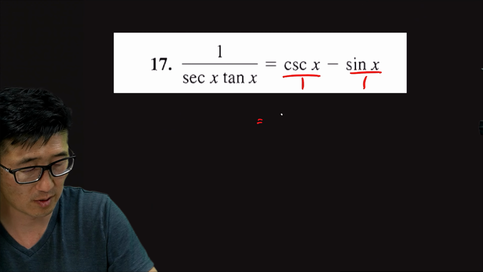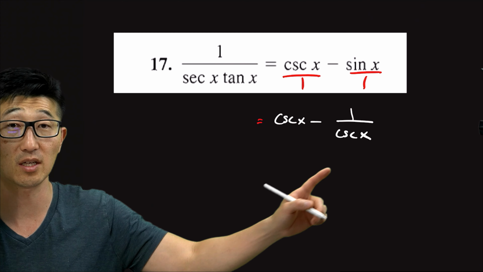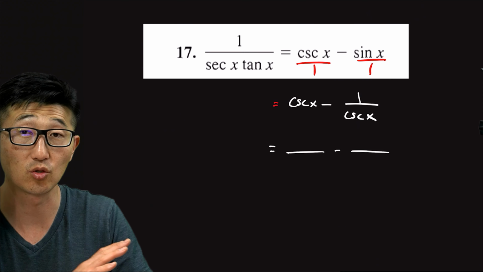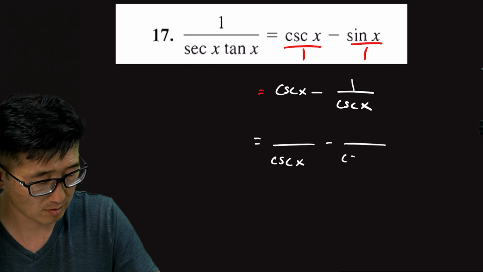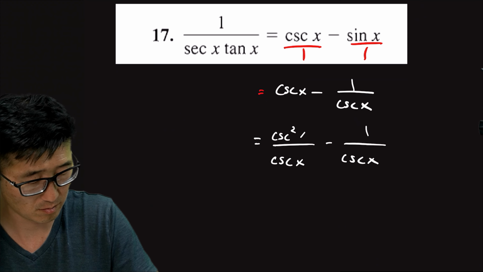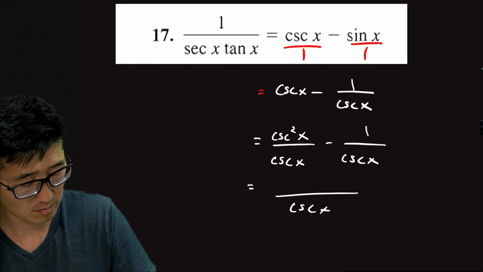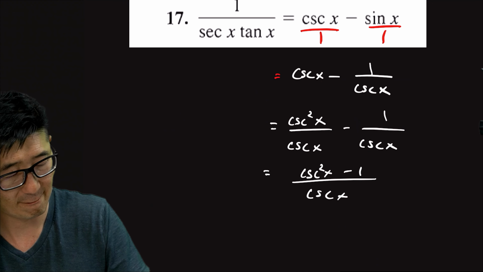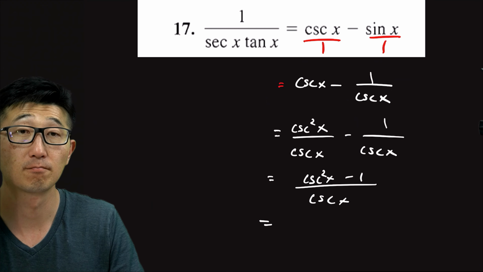So this will become cosecant x minus 1 over cosecant x. Okay, did you write that? Yes. Okay, now do your common denominator and tell me what you get. I got cosecant squared x over cosecant minus 1 over cosecant.